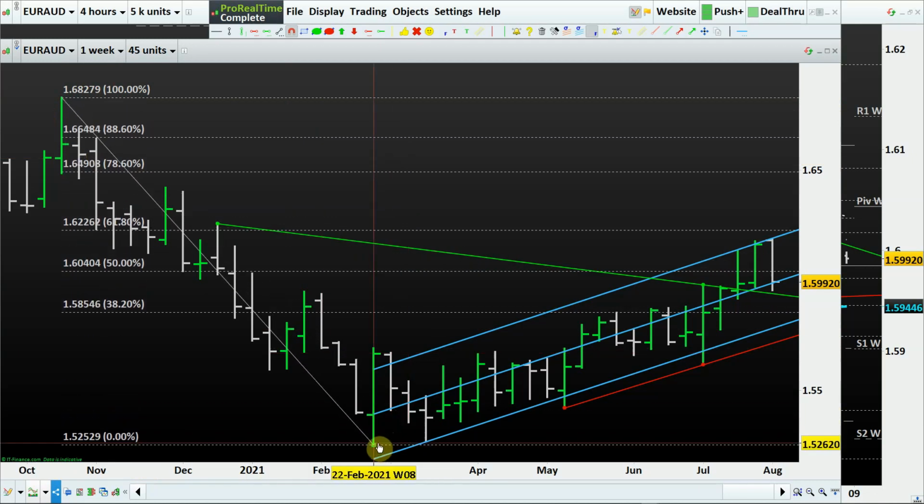We've had an inverse hammer, and now we've got just about an engulfing bearish bar right there, coming up to our Fibonacci point.